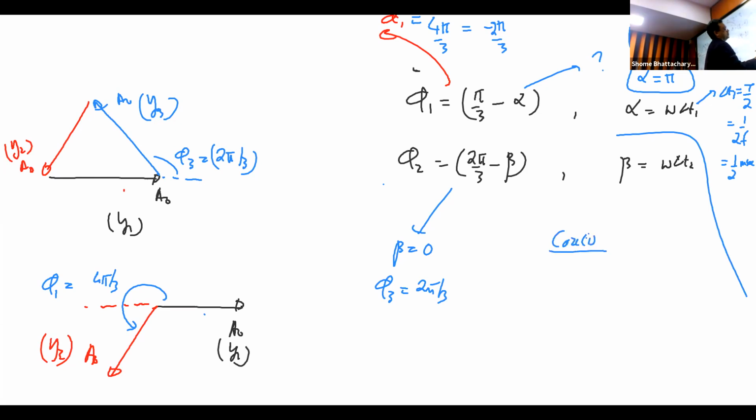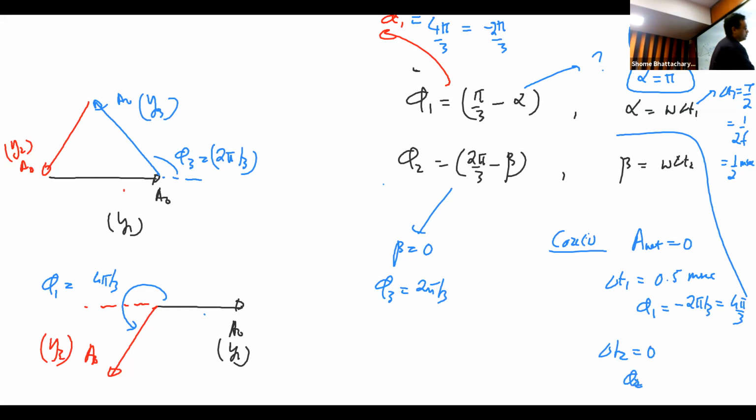Case 1, I want net amplitude to become 0. So for that, I'm giving a delay of 0.5 milliseconds to this one. So this phi1 is becoming minus 2 pi by 3, which is equivalent to plus 4 pi by 3. And I'm giving delta T2 0, so phi2 is becoming 2 pi by 3.